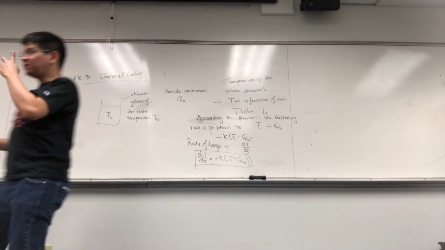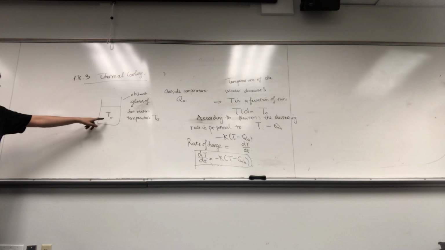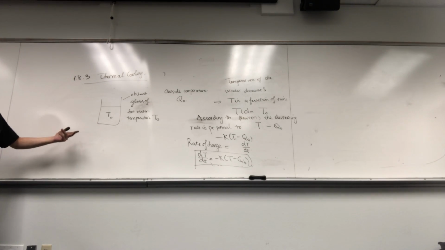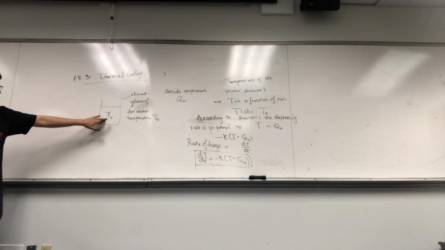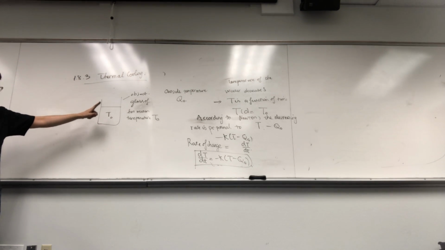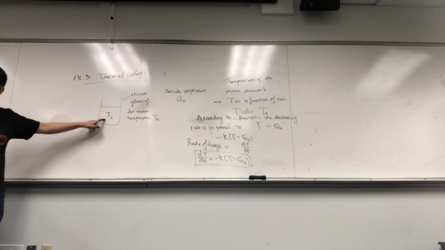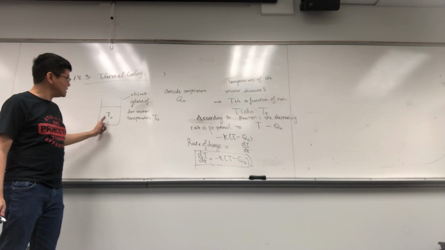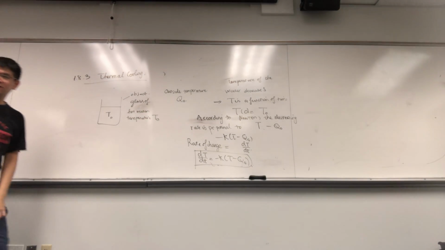I explain again. So suppose that I have a glass of hot water with the initial temperature T0, and put this into this room, all right? And the surrounding temperature will be Q0. So this temperature is decreasing, and the rate of change, according to Newton, is proportional to the difference between temperature T and Q0, right?